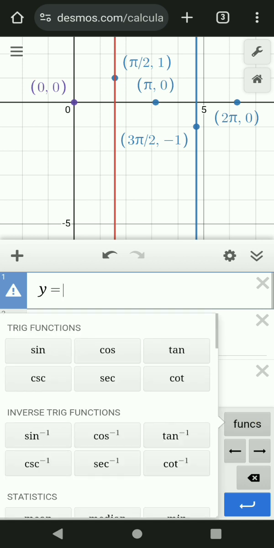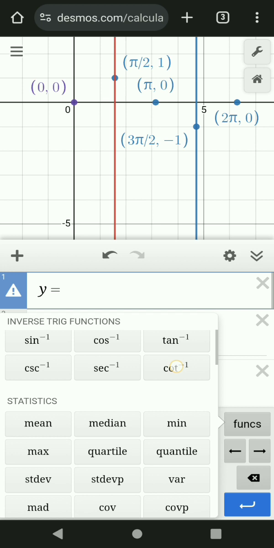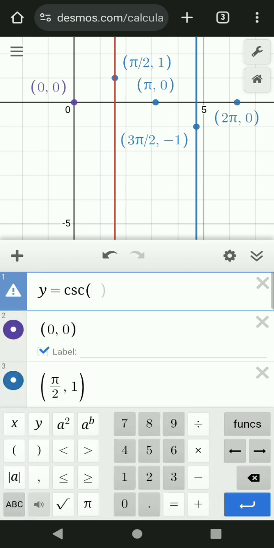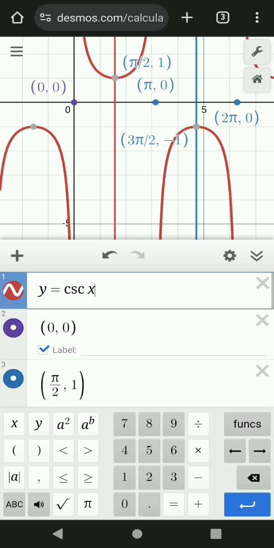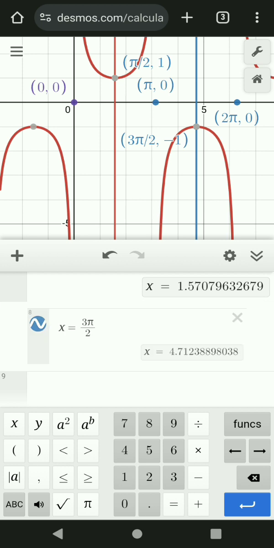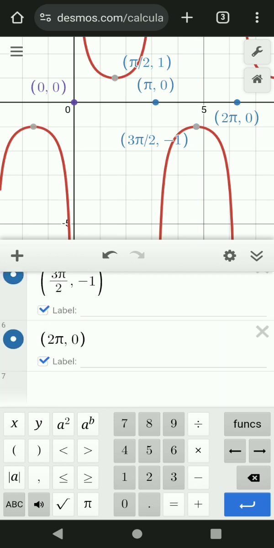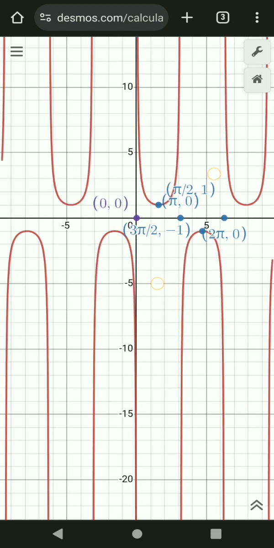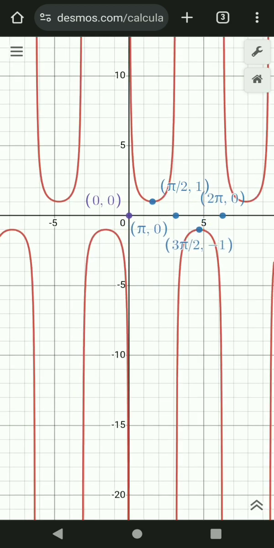Now let's proceed with another function, which is cosecant x. Cosecant x. Let's just use this one. Okay, here it goes. So this is the cosecant.